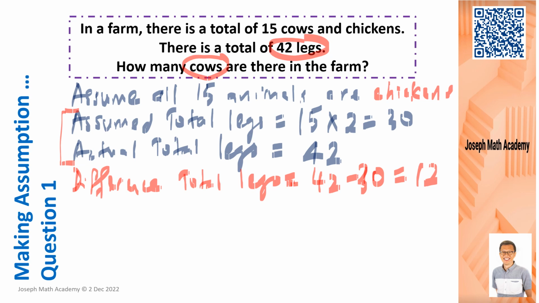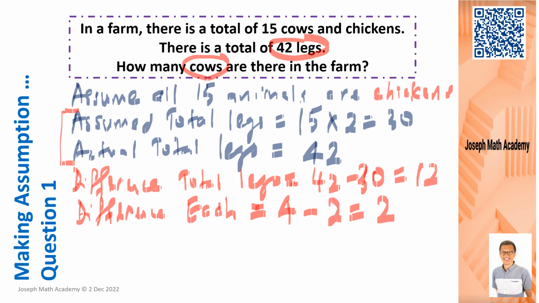From here, we will know the difference between each type of animal. Each difference: a cow, 4-legged, minus one chicken, 2-legged.